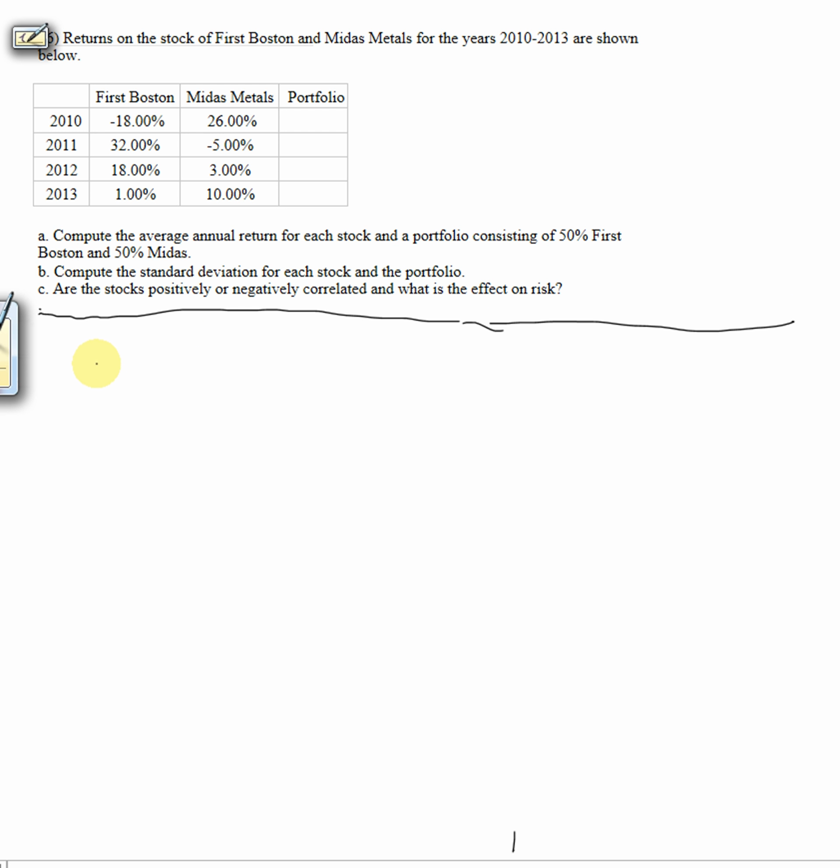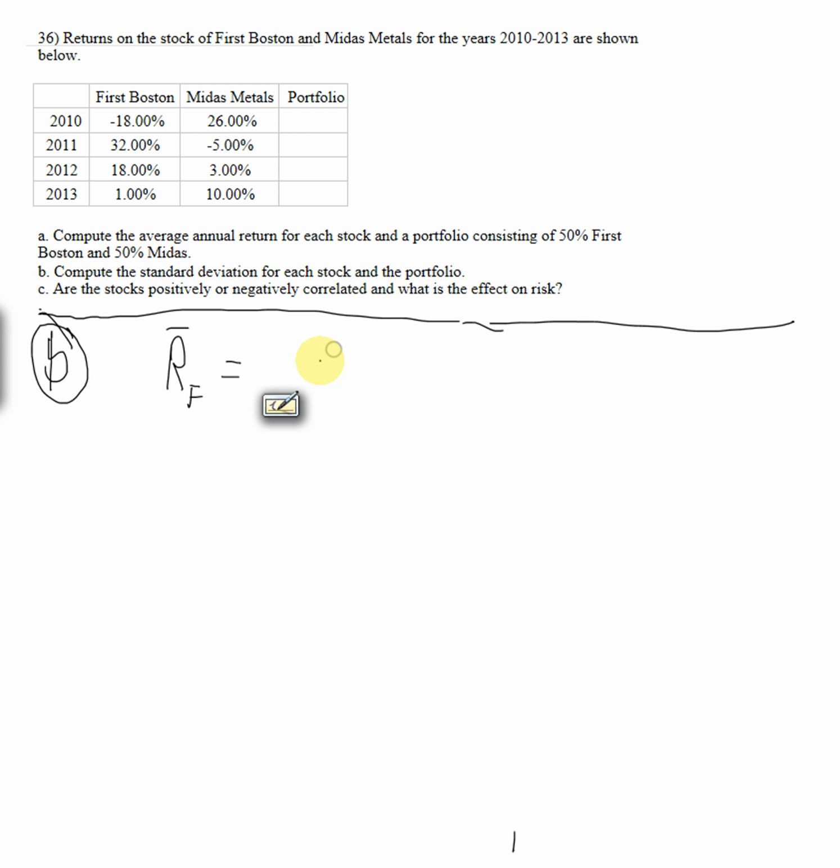So now B. It says compute the standard deviation for each stock and the portfolio. Now, if you remember, we know that for First Boston, the average return for the whole period was 8.25.